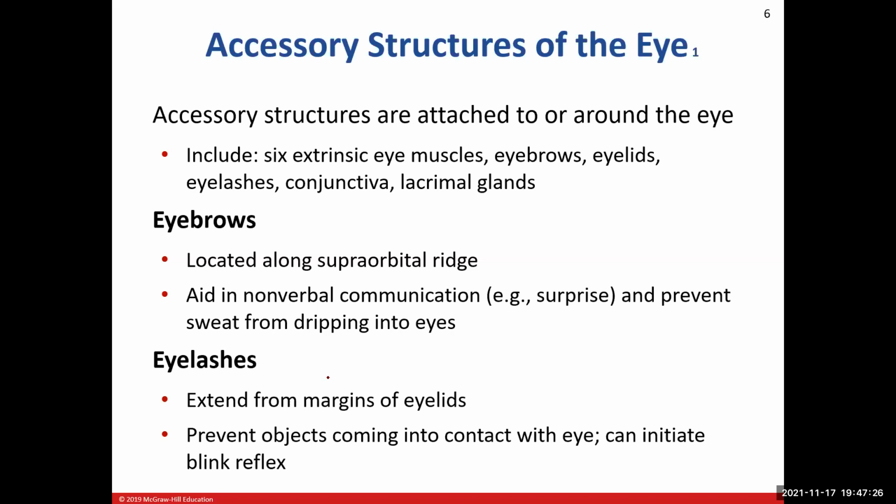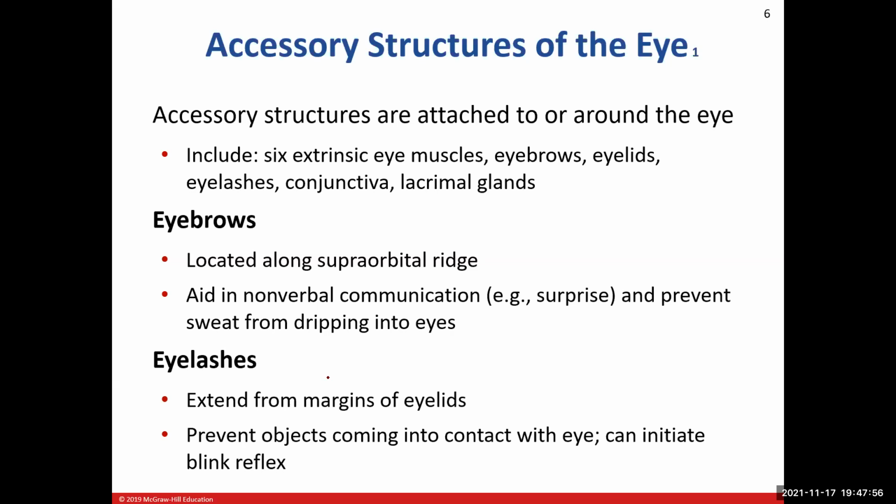Your eyelashes, all right, you will see them on the edges of your eyelids here. And again, your eyelashes prevent things from actually getting into your eye. And so we'll see how these type of structures, we just talked about some of the different tactile receptors in lecture and some of their purposes there.